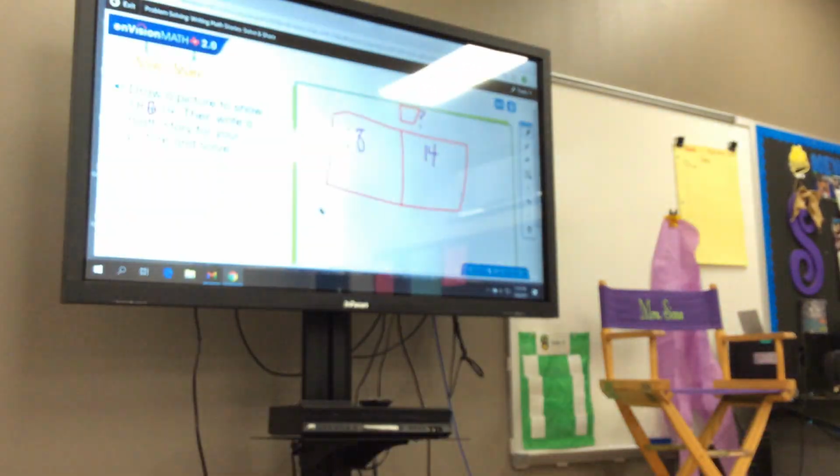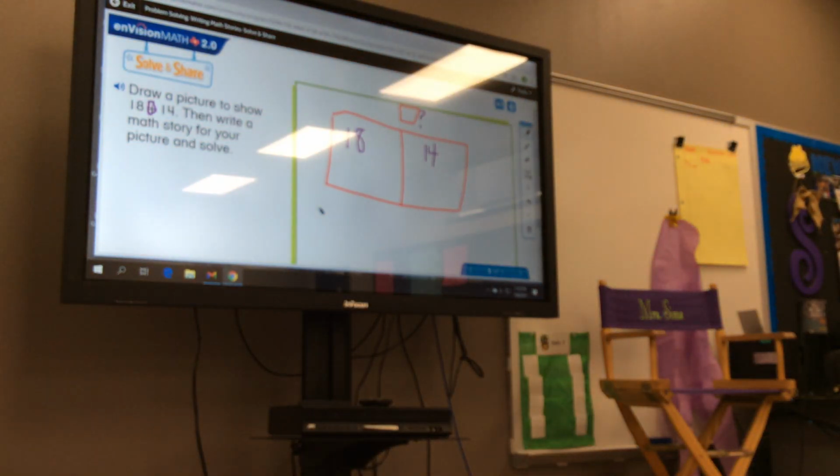Now, let me show you one thing about our story problems when we're writing them. When you have to write an addition story problem, there are 3 steps, 3 things you have to do. Number 1, you're going to tell me how many you have.